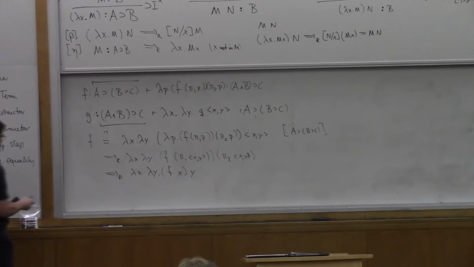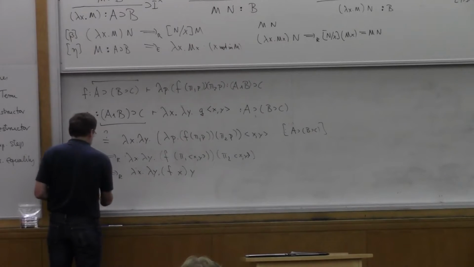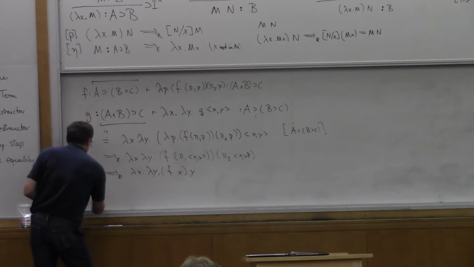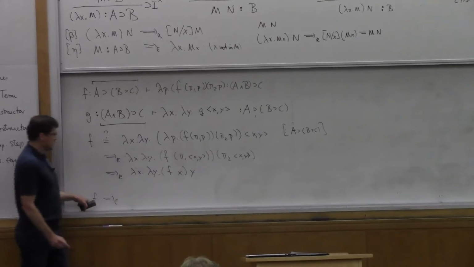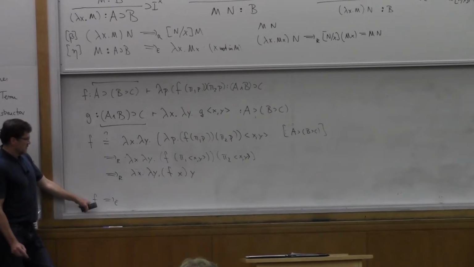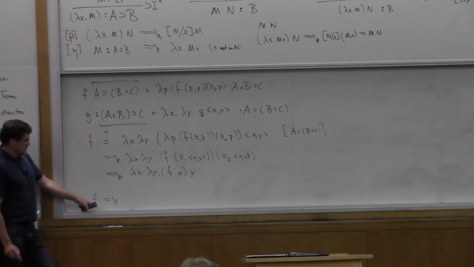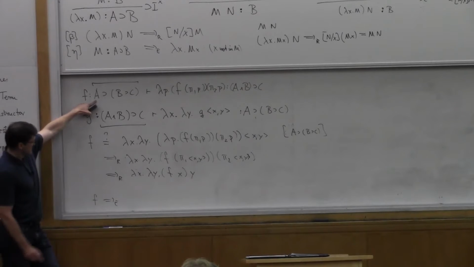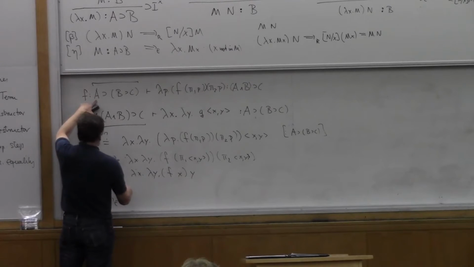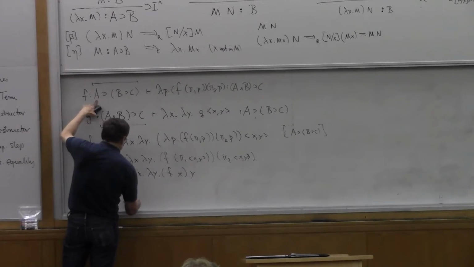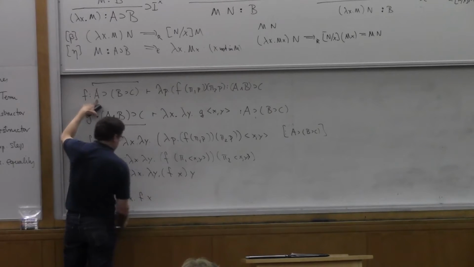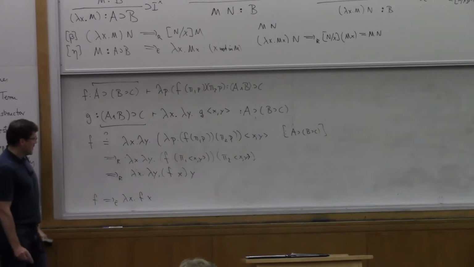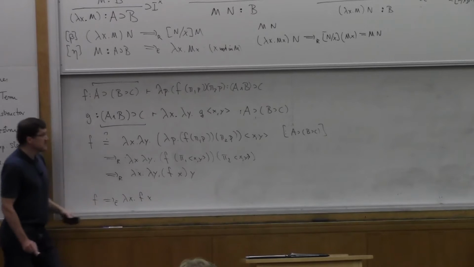Eta expansion. Let's start here with f. What does f expand to? f has this type, so it should expand to lambda x, f applied to x. And what's the type of f applied to x?